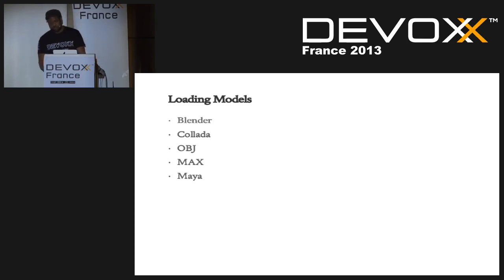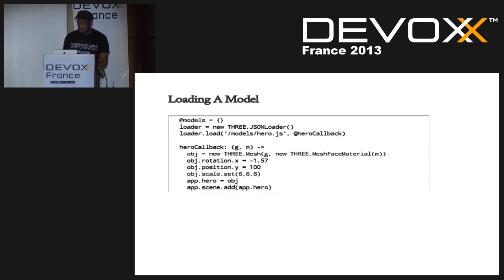And as I was saying before, you can load models. You can load them from Blender. You can load Collada models, 3D Studio Max, Maya, pretty much anything that can be exported can be read by Three.js or can be converted to a format that Three.js can export out, because most of these packages export 20, 30 different formats. And here's a bit of code for loading a model.